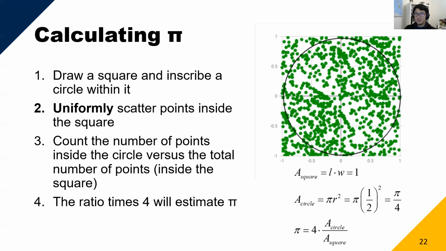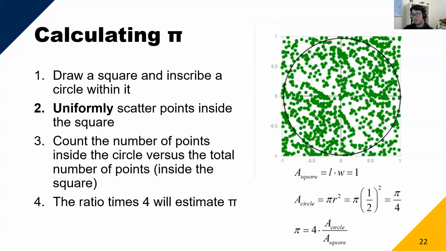What you want to do is uniformly scatter points inside of the square. If you then count the number of points inside the circle versus the total number of points inside the square, you can use the relationship between the area of the square and the area of the circle to calculate the value of pi. You can see in this equation how you would do that.